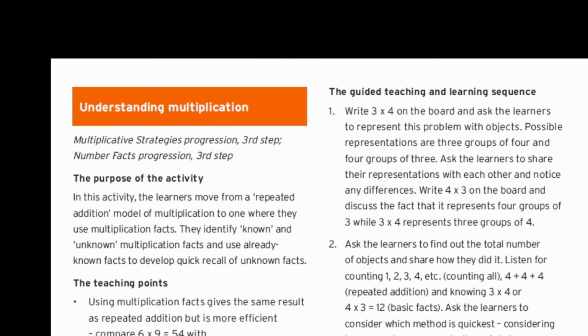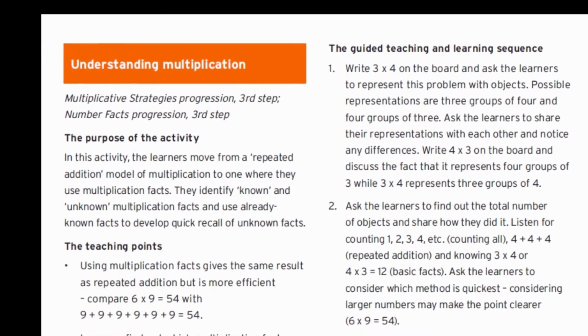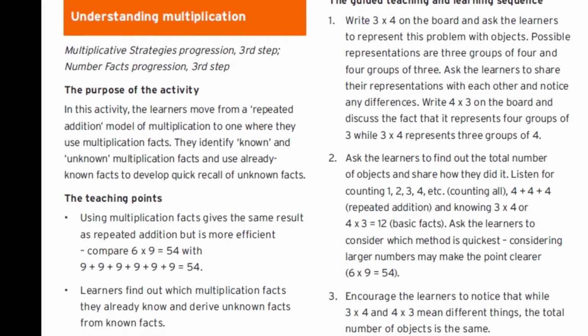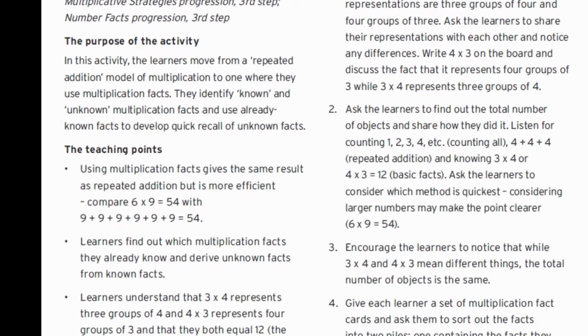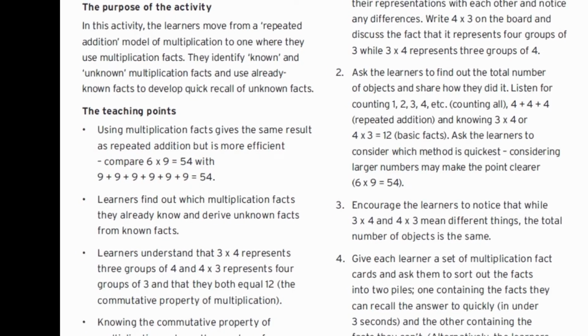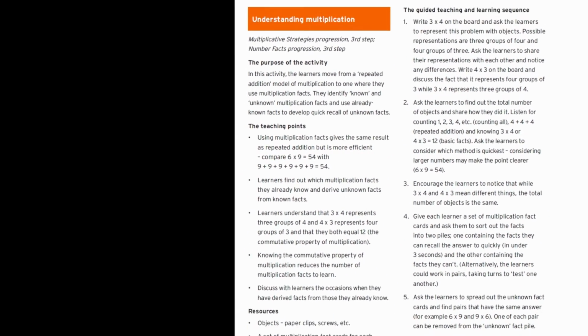This activity, Understanding Multiplication, looks at transitioning learners from repeated addition to a model of multiplication where they use multiplication facts. And if you look at the teaching points there, you can see that we want them to learn that there are alternate ways of deriving the answers to these problems that doesn't involve repetitive counting.